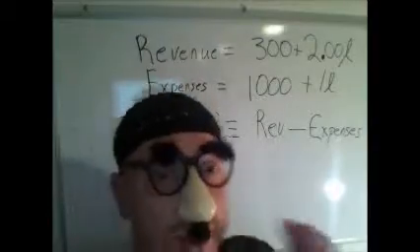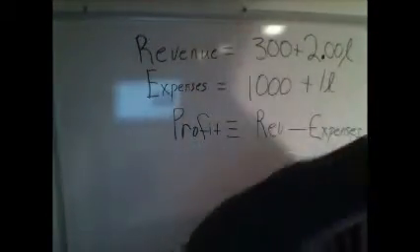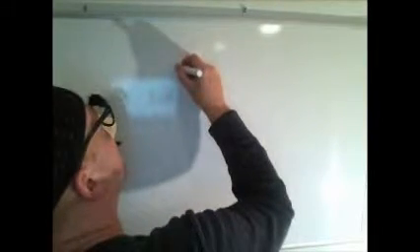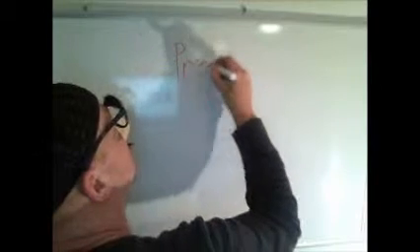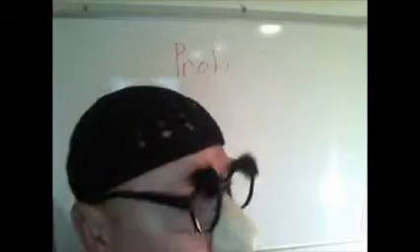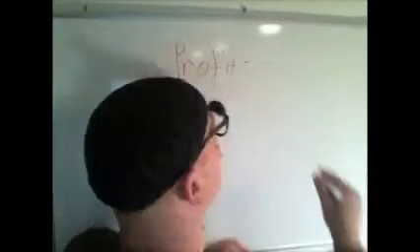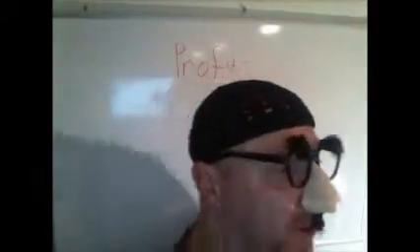Okay, good. Now, what we want to do is put that all into one model for how we model profit at this laundromat. Profit equals. I should start it over on the left hand side so I got more room.